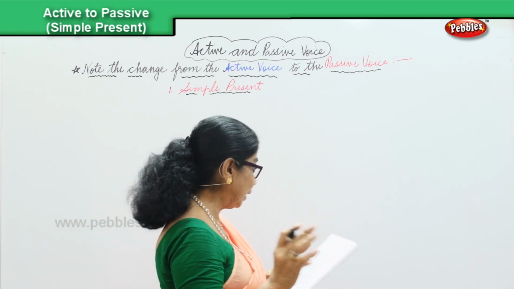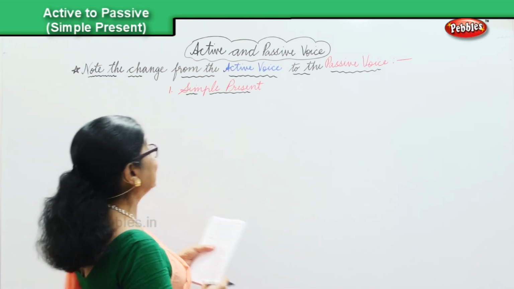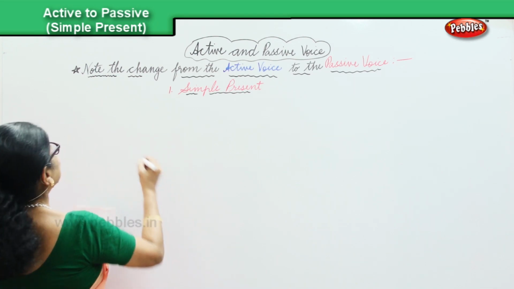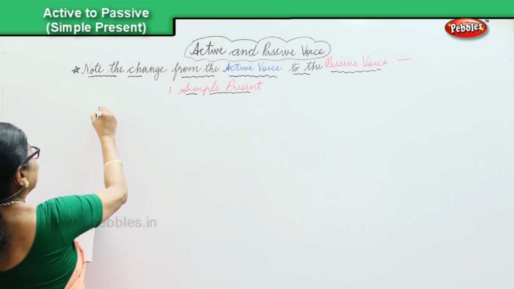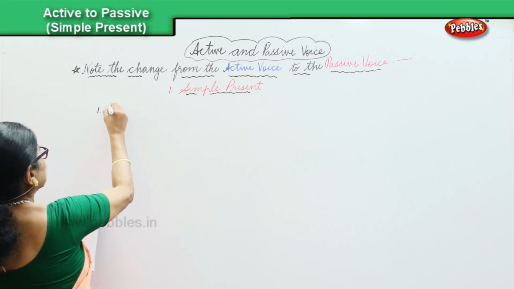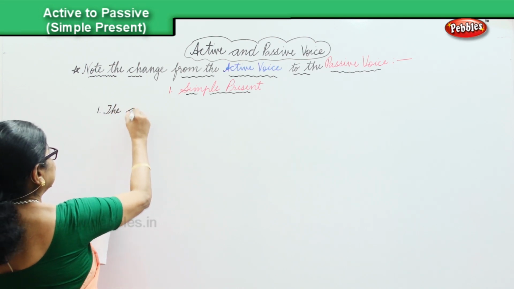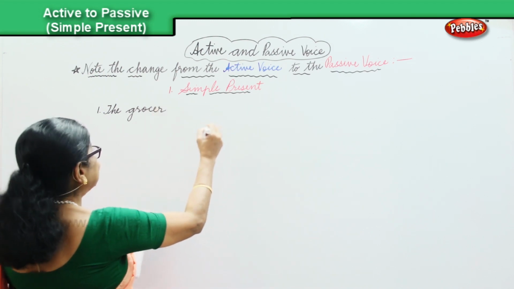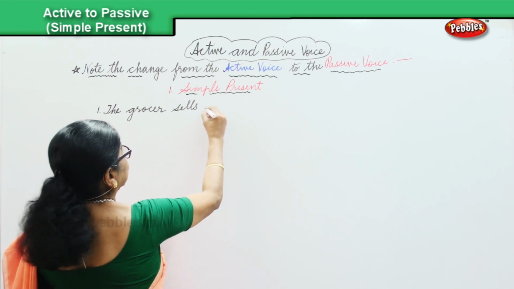So let's look at some of the sentences here. The first one we have active. Let's say we are looking at first the active one. One, the grocer sells sugar.